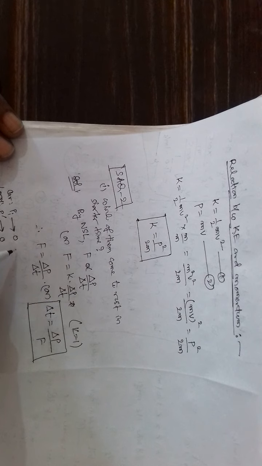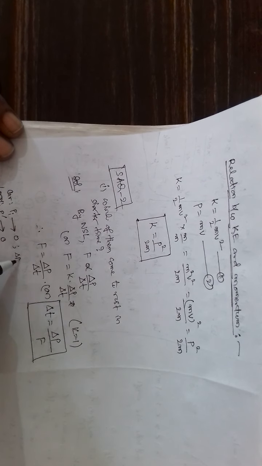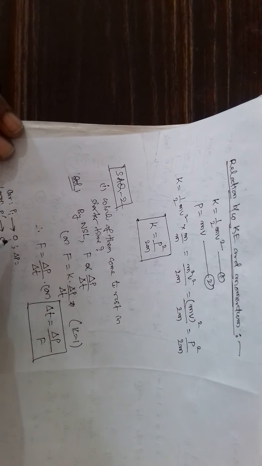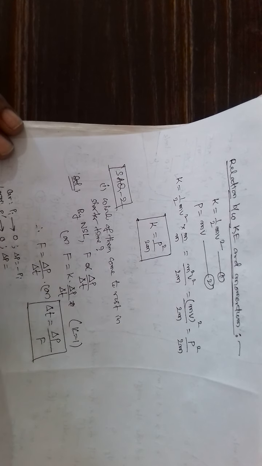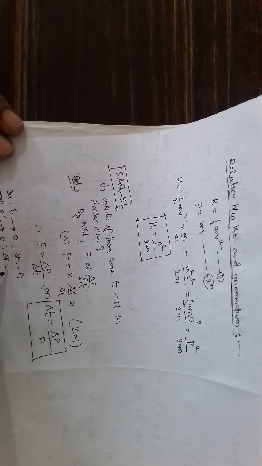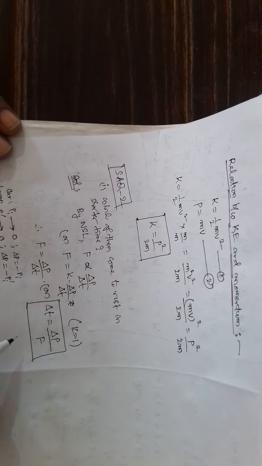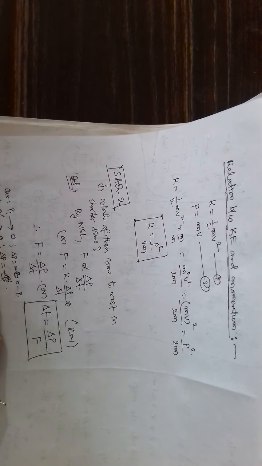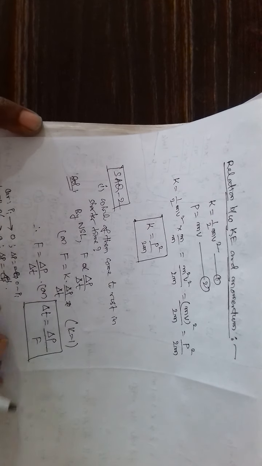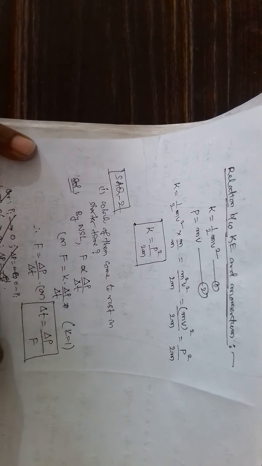The change in momentum is 0 minus Pi for the car, and 0 minus Pi dash for the lorry.